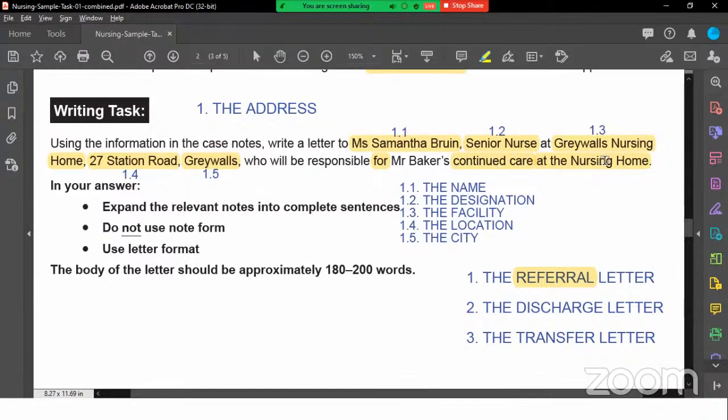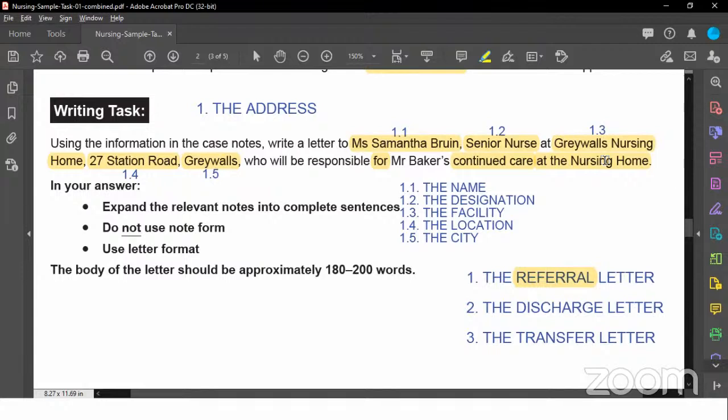He has given very clearly that he is going back from where he came. He is being discharged back to the very same place.